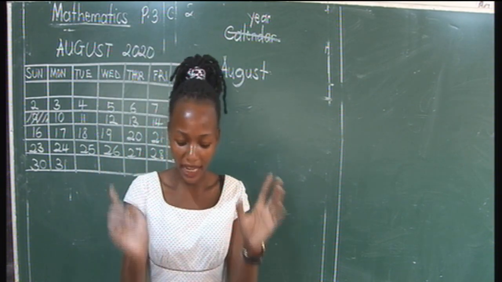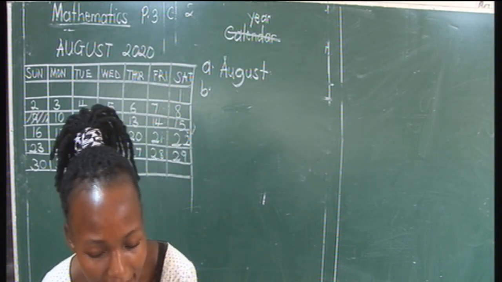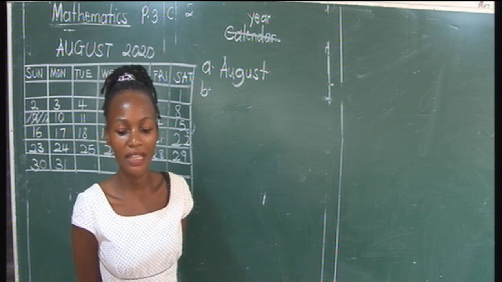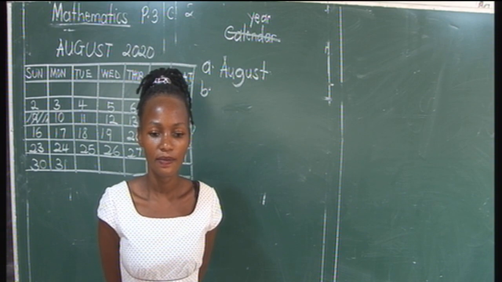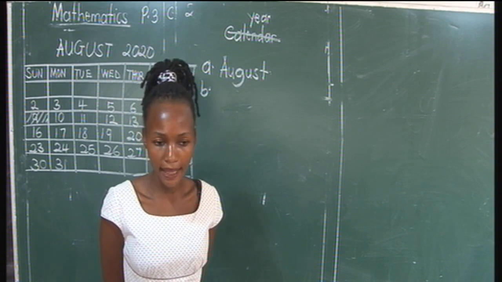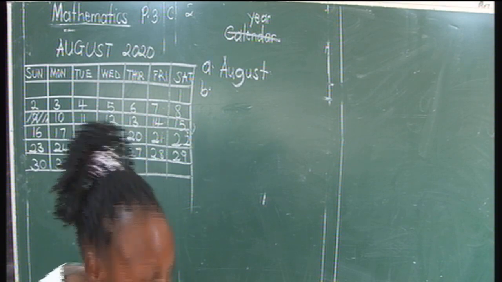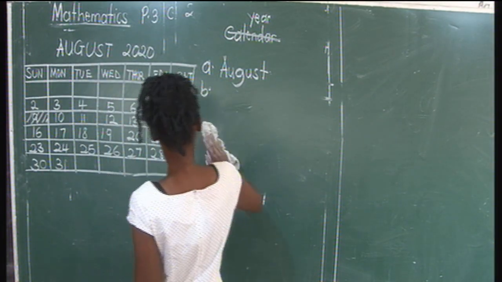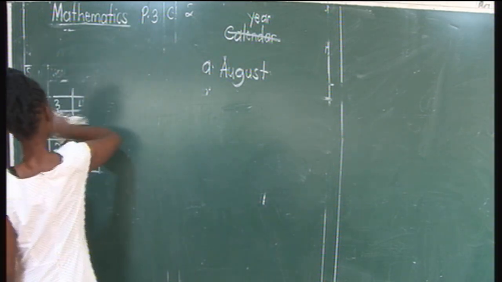When I ask you on page 8, how many days has April, you go back to where that month is and tell me the days. How many are they? Yes, Leah? 30 days. Write that answer there. 30 days.